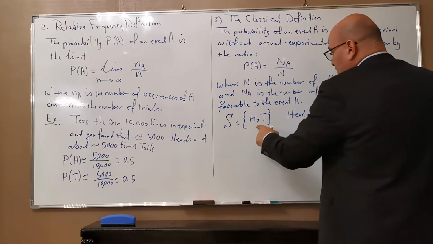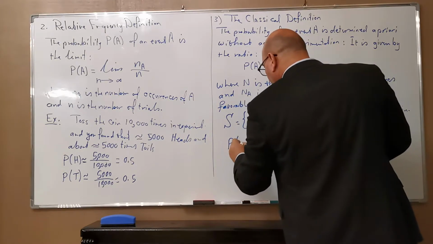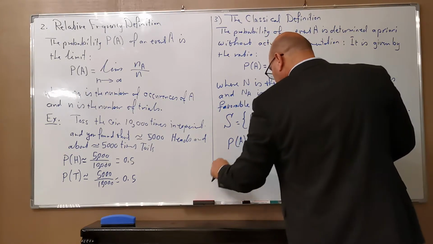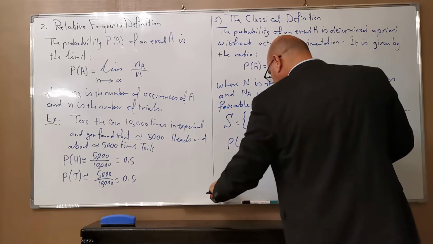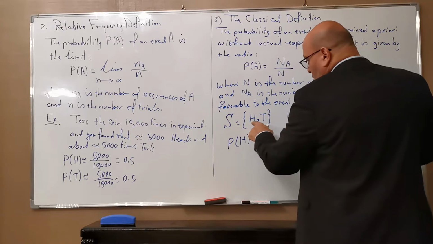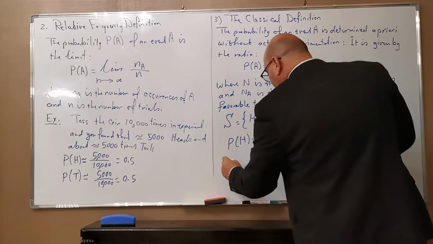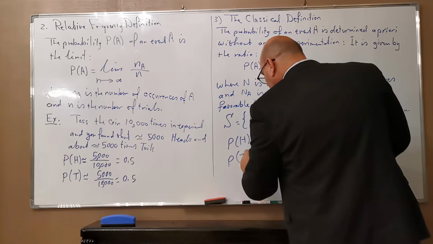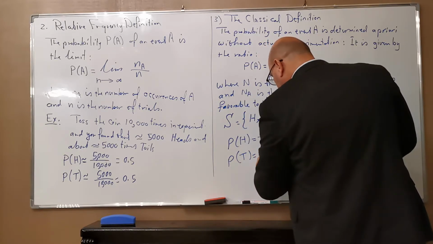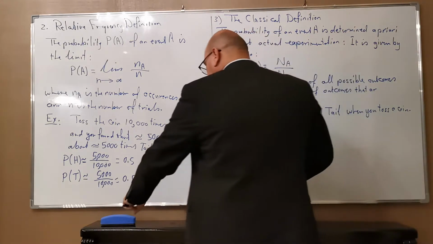So you have two possible outcomes. Probability of H, so H is one of those events, it's only 1 out of 2, so it's 1 over 2. And probability of T is also equal to 1 over 2.